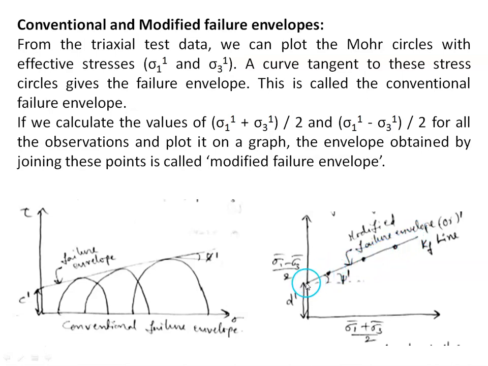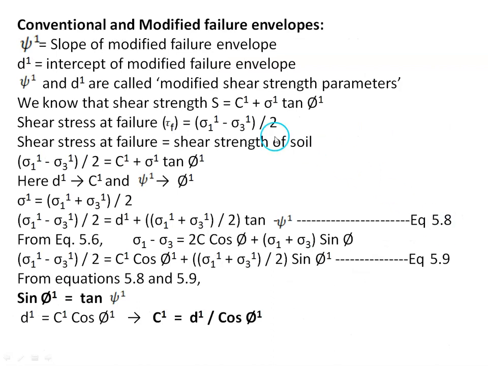This line is called the modified failure envelope or Kf line. The angle made by this modified failure envelope with the horizontal is called the modified angle of internal friction, or slope of the modified failure envelope, and d dash is called the intercept of the modified failure envelope. These alpha dash and d dash are called the modified shear strength parameters.